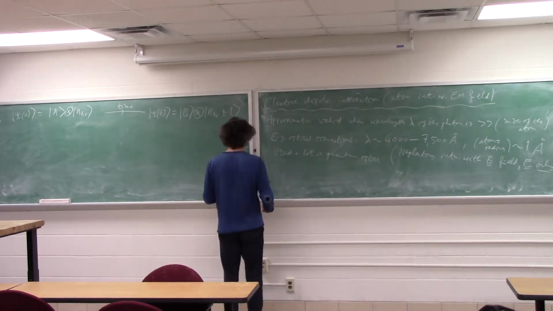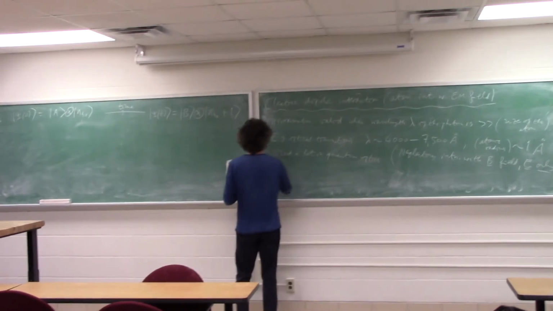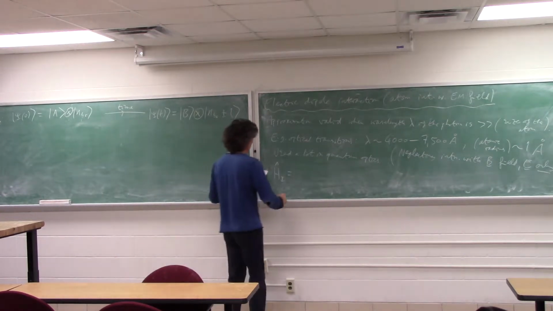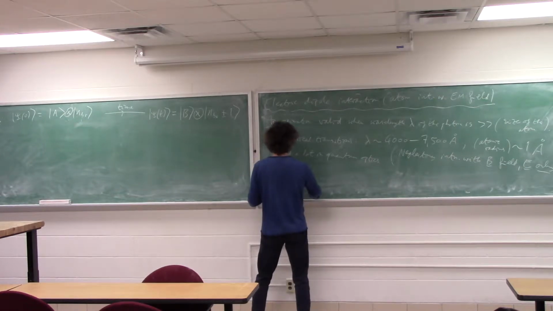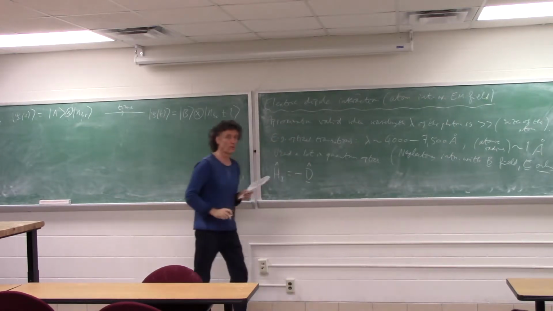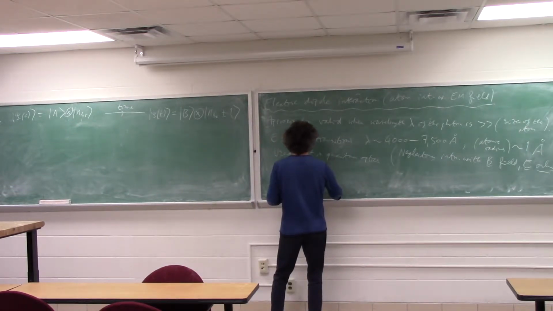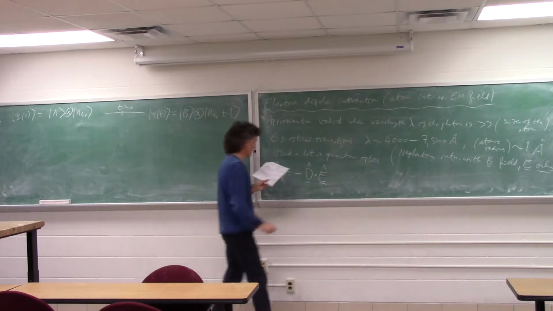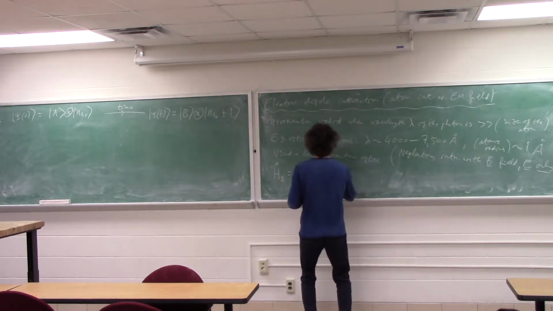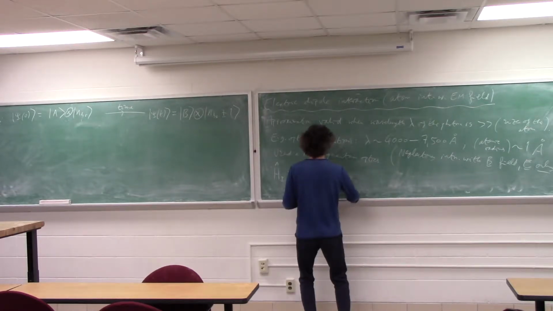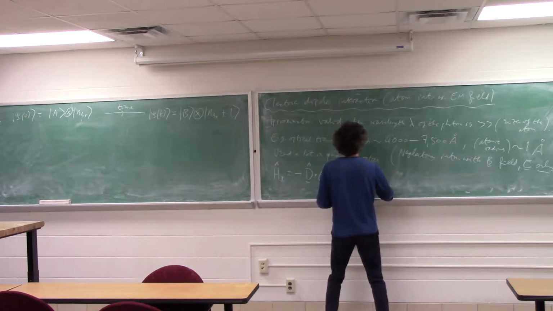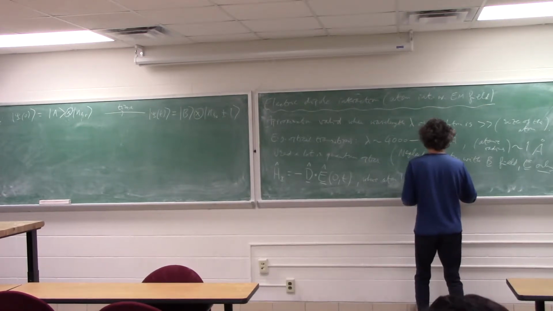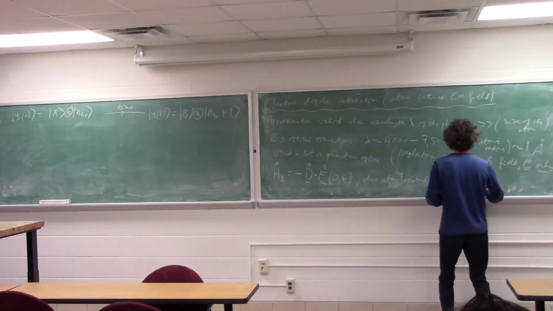All right, so the interaction is equal to minus the dipole moment of the system, dot product with the electric field operator, where the electric field operator is evaluated at the origin, where the atom is located, at R equals 0.